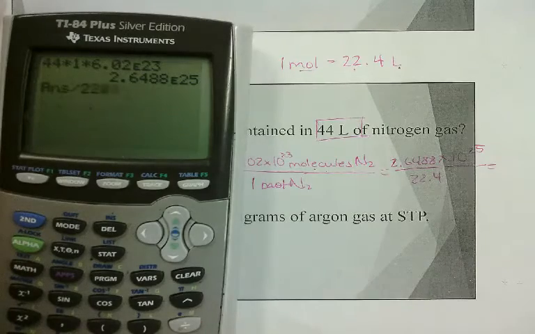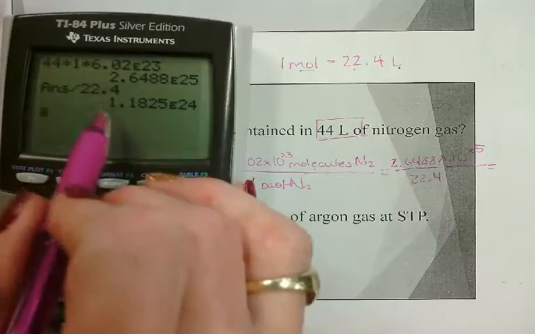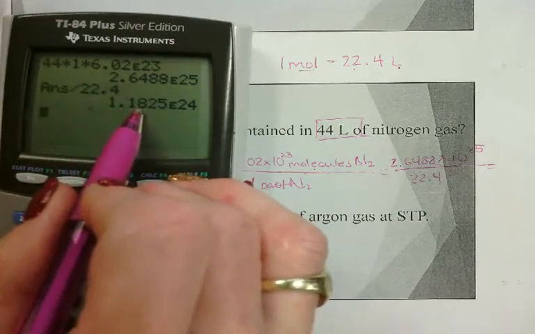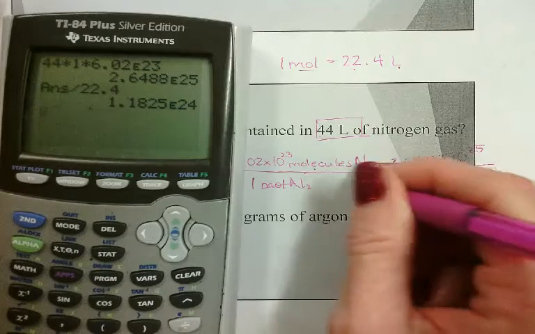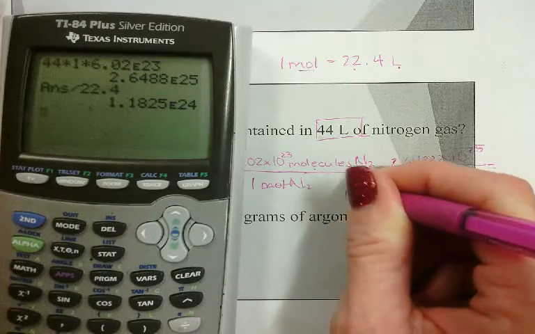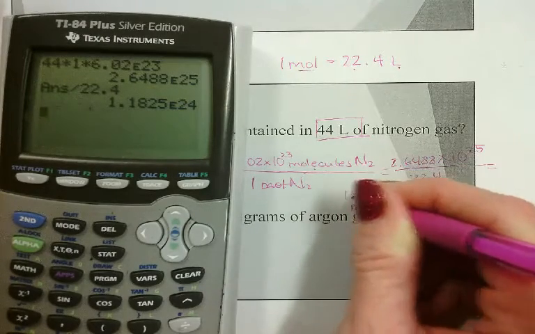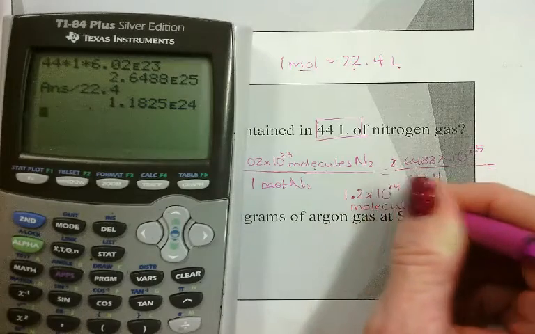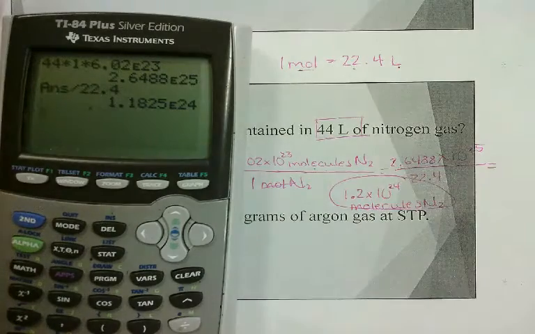How many sig figs can I have in my answer? 2: 1, 2. The 8 will round that up to a 2. So my final answer is 1.2 times 10 to the 24th molecules. There's my final answer.